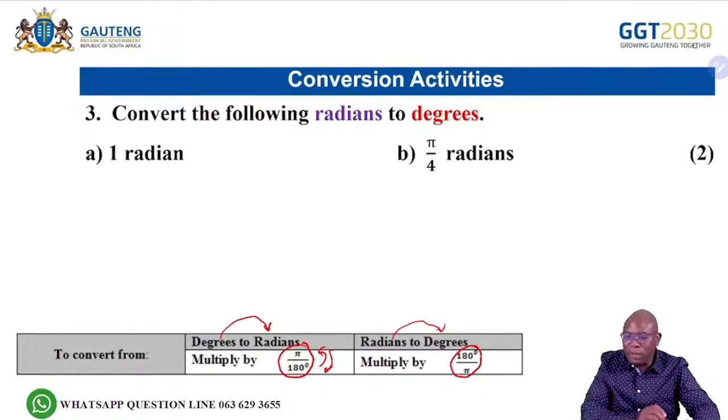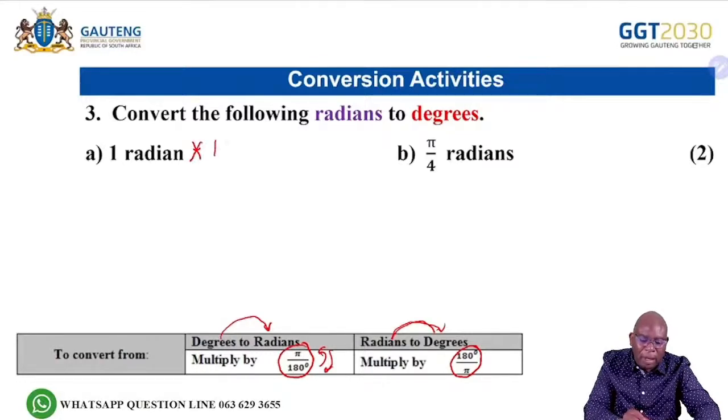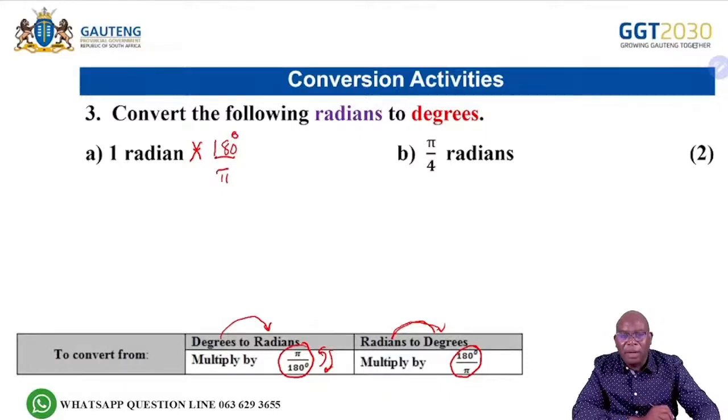So I've got 1 radian. I want to change that radian to degrees. So I must multiply by 180 degrees over pi. So this one is going to be multiplied by 180 degrees all over pi. How do I then get the answer? I multiply 1 by 180 degrees and divide that by pi.